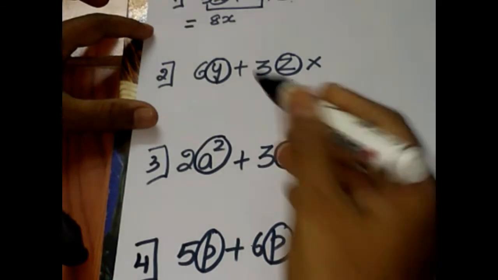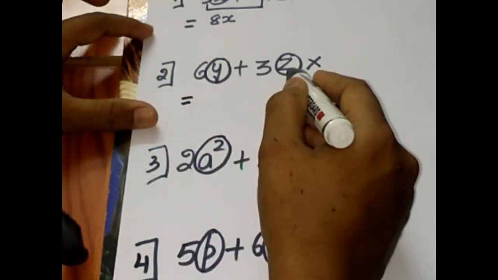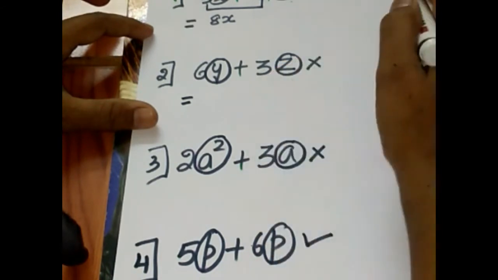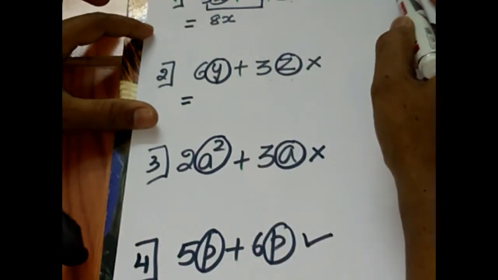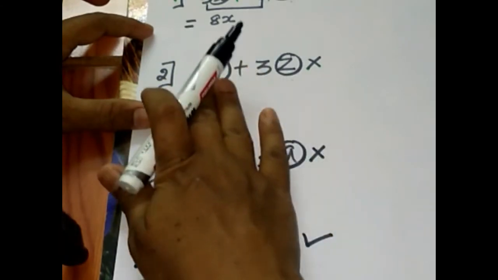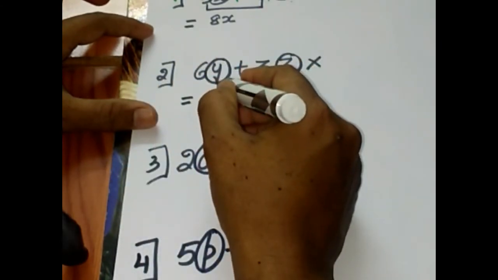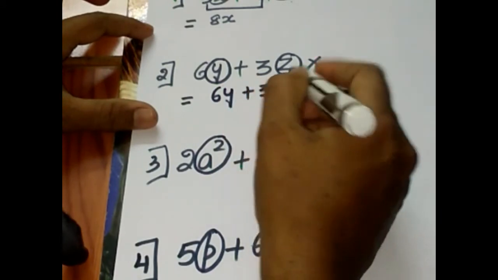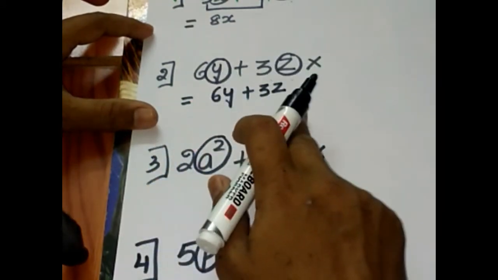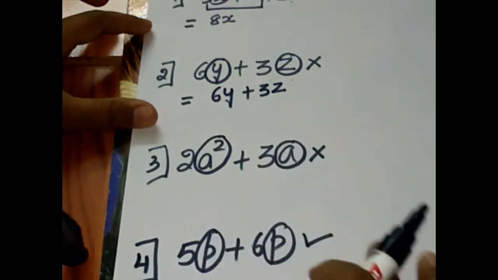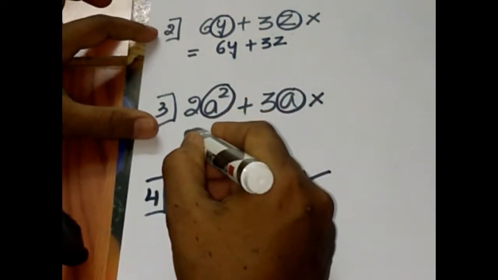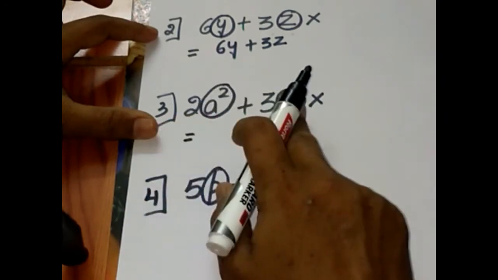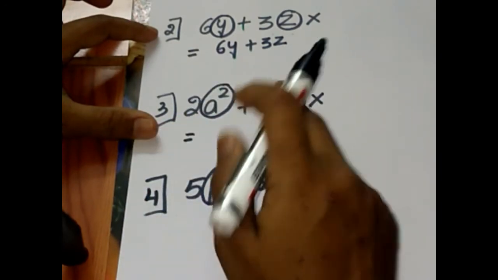In the second example, 6y plus 3z, as we have discussed earlier, they are not like terms, they are unlike terms. If the given expression is of unlike terms, we don't have the permission to do the addition, so we keep it as it is, 6y plus 3z. Then in the third example also we have 2a square plus 3a, where they are not like terms, they are unlike terms.